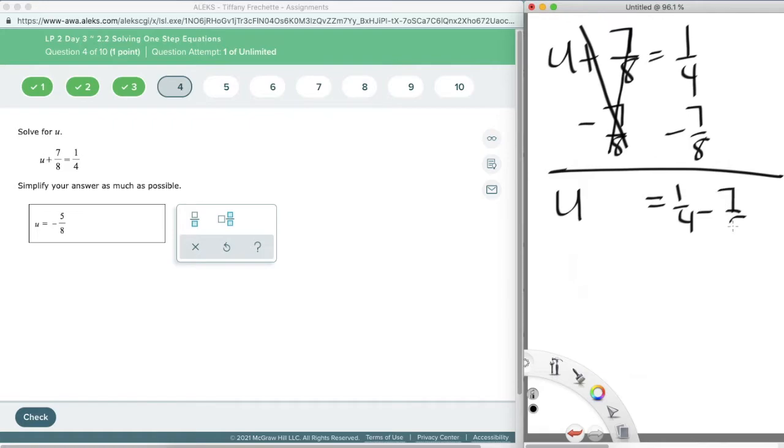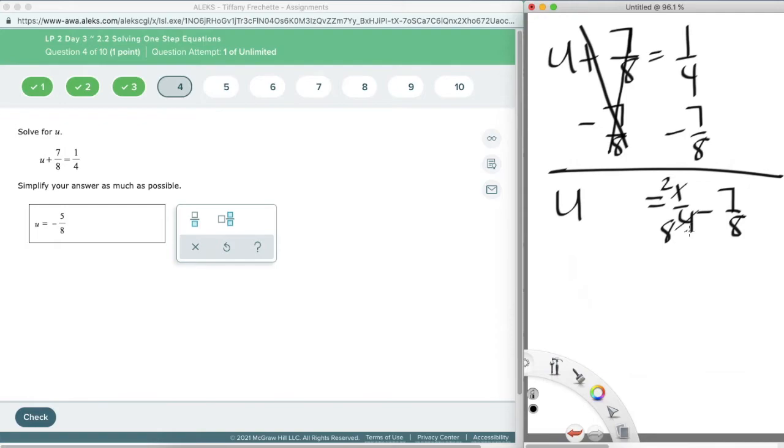Well, in order to actually subtract these, they have to be like terms. So I can change 4 into 8, and I had to multiply by 2 to get there. So I have to do the same thing on the top. I have to multiply by 2. So now I have 2/8 instead of 1/4. It means the same thing, but you need to convert that into like denominators before you start subtracting.